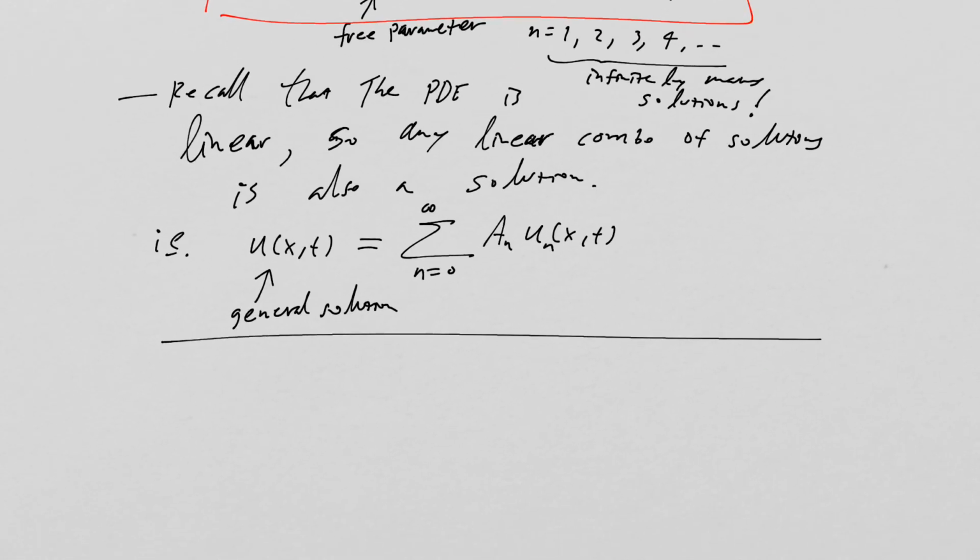For our specific example of the heat equation, what we had is u of x comma t is equal to the sum n starting at 1. Again, the starting point depends on the problem and how you've indexed things. It could start at 0 or 1 depending on the specific context.